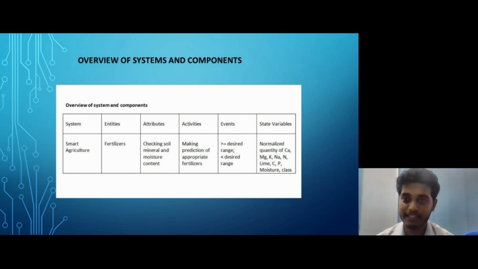In this slide, we see an overview of the system and the components that have been used to build our system. The system is smart agriculture because we are working in the field of agriculture, and the entities that we are trying to give as output, the entities that we are trying to predict, are fertilizers. The attributes that we have used for training the model are checking the soil moisture and checking the soil nutrients that are present in the soil.